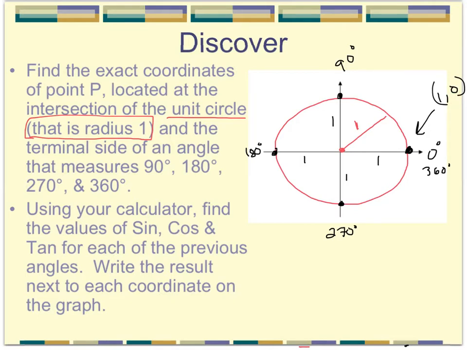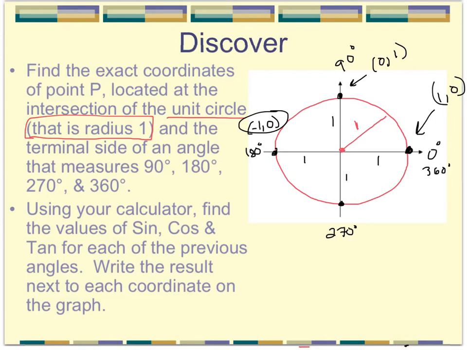So if I look at the 90 degrees, I'm going to have that same type of mentality. Okay, I didn't move left or right, so my x value is 0, and I moved up 1. For the 180 degrees, because we're in a coordinate system, I moved left 1 and I didn't move up or down. So that's the point at 180.